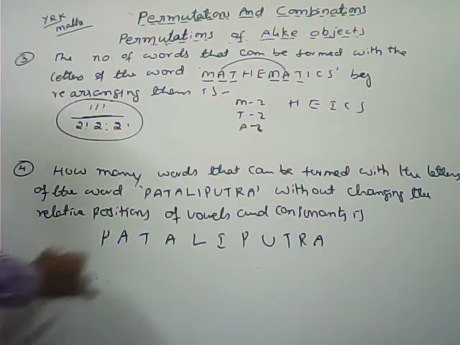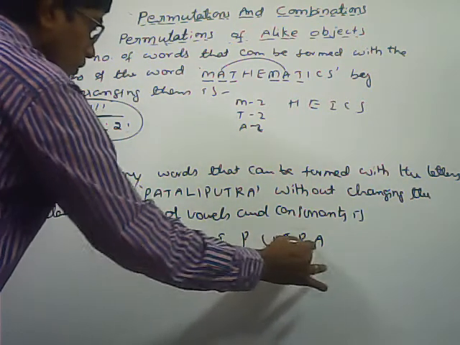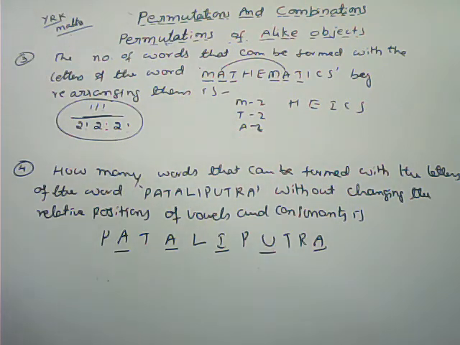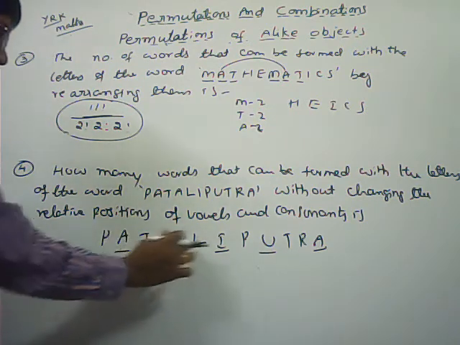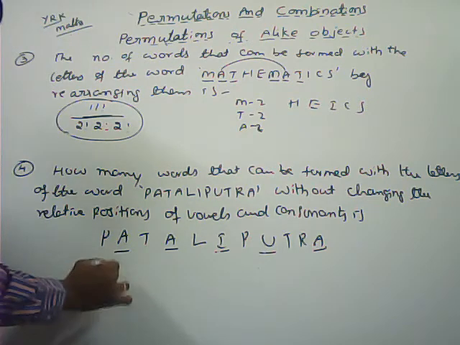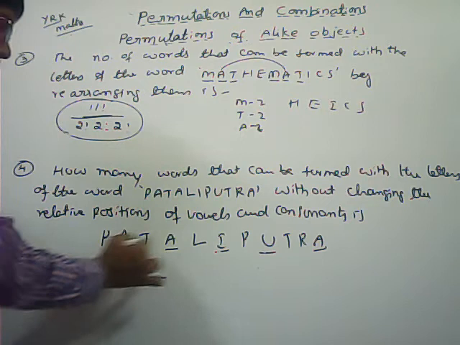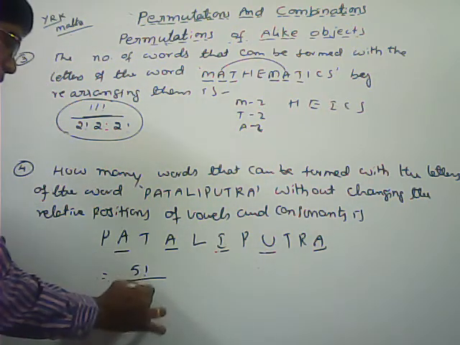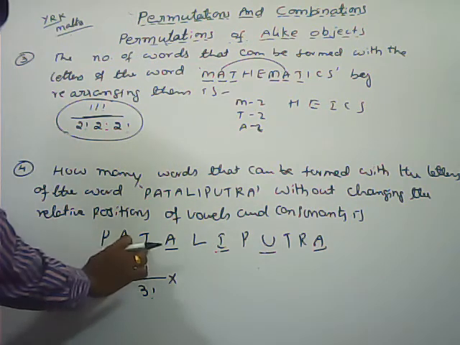Here, what are the vowels? 1, 2, 3, 4, 5. See here, without changing the positions of the vowels, the 5 can be arranged among themselves in 5 factorial by, out of 5, 3 are alike of one kind, 3 factorial, into the consonants.